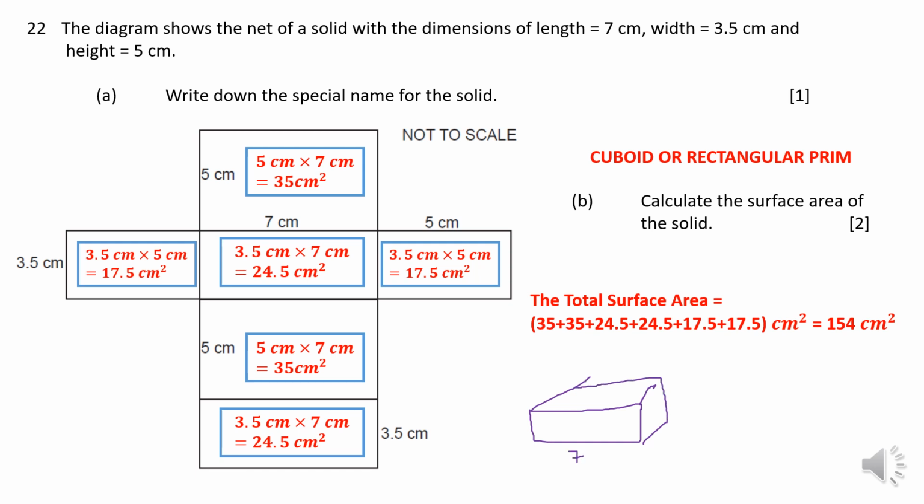So that's 7, that is 3.5, I believe, and then the height they said is 5 centimeters. And then you can play around with the formula. You find these two with the one at the back, you find this one at the side, and so you go and find the total surface area. But otherwise, the option of working with the net, like what we did here, worked out best.